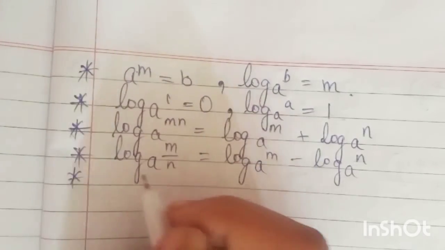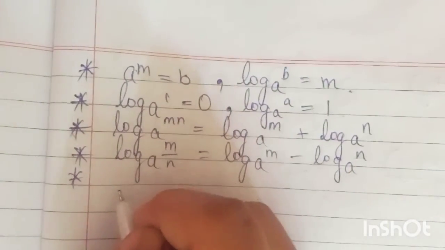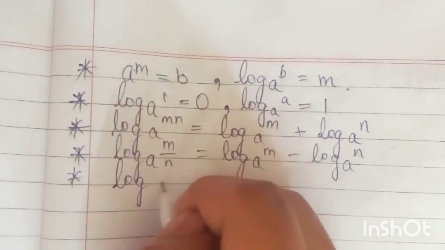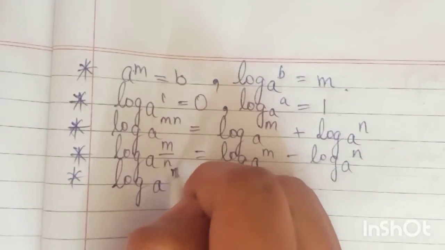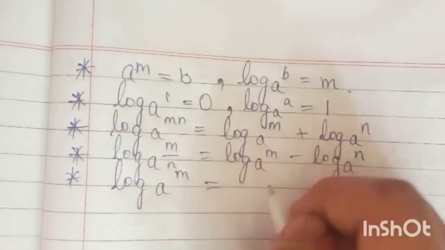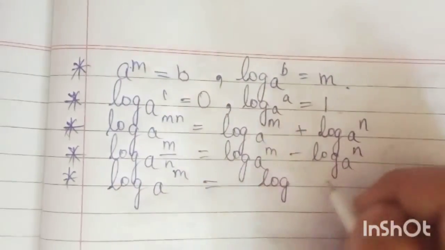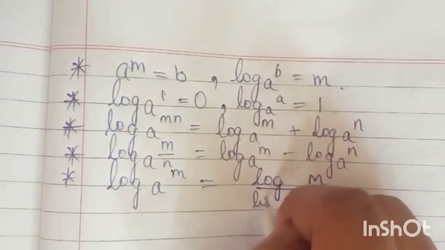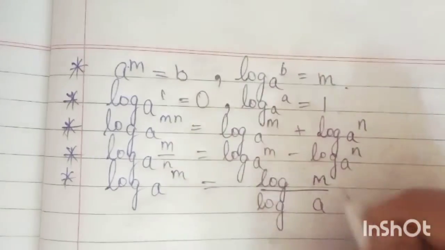Then fifthly, this is the base changing formula. Log m to the base a is there. Then how will I change? First I'll write that in numerator and denominator, base, power and base.